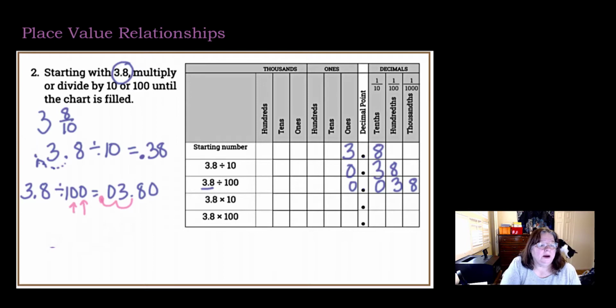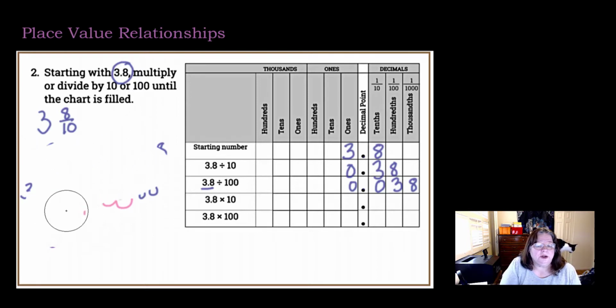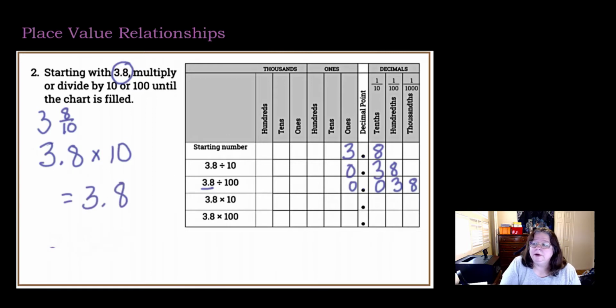Okay, our next one changes to multiplication, and so we've got 3.8 times 10. So I've got 3.8, my decimal point, our number gets bigger. I now have 38. I can put a 0 there. I don't have to. Okay, so our number is 38.